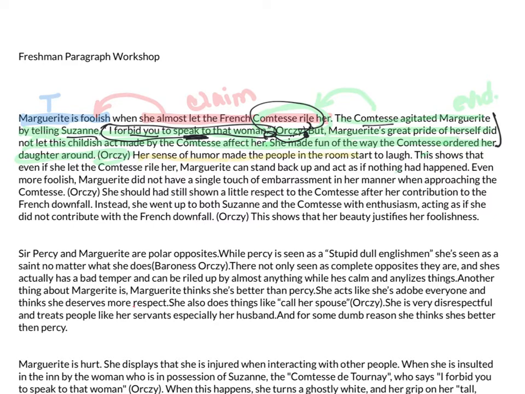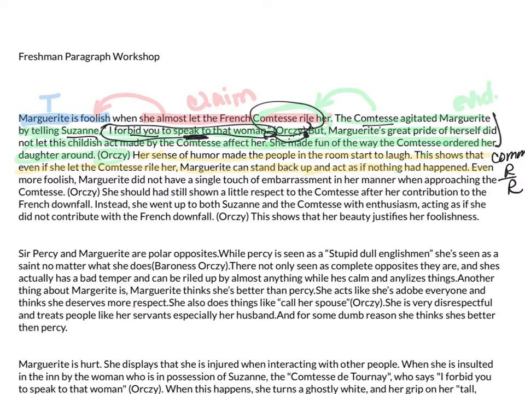Her sense of humor made the people in the room start to laugh. This shows that even if she let the Comtesse rile her, Marguerite can stand back up and act like nothing has happened. This is commentary. If it is correct commentary, I'm going to see an R in R. First of all, what does that first R stand for?